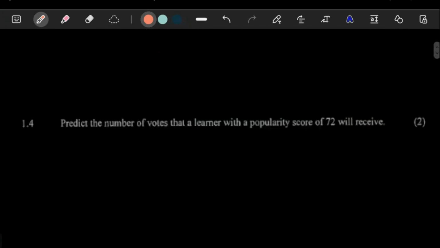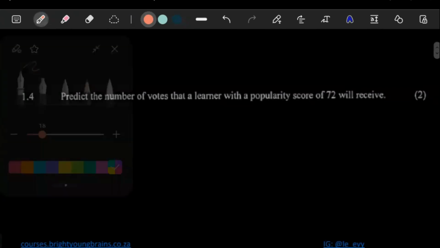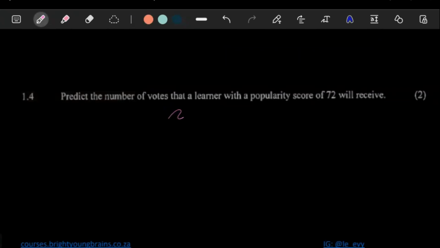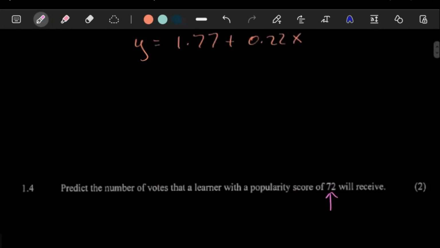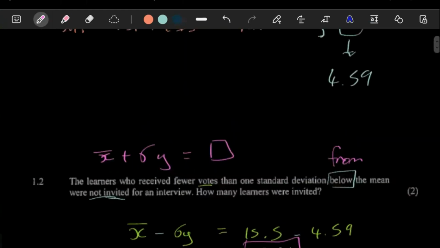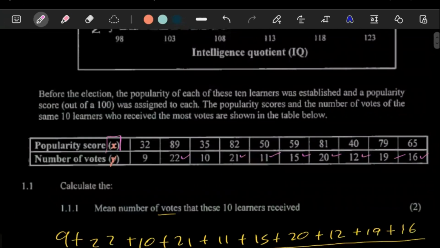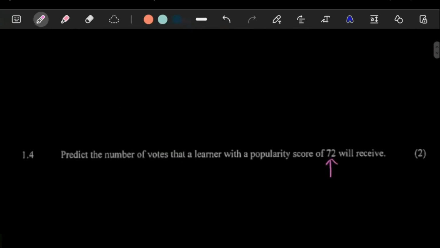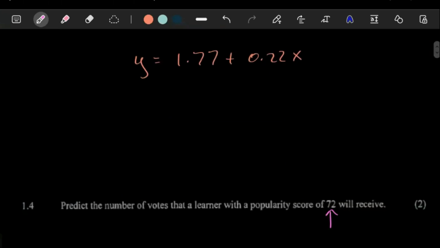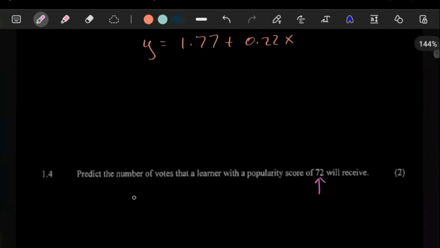Nothing crazy, easy 3 marks. For 2 marks here, they're saying predict the number of votes that a learner with a popularity of 72 will receive. So remember, if you have an estimated value for the popularity, it means you're getting a value of x. So in your equation of the least squares regression line, you have a value of x and you need to get a value of y. So your y here is 1.77 plus 0.22 times the x value of 72.